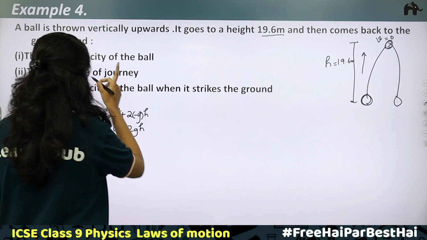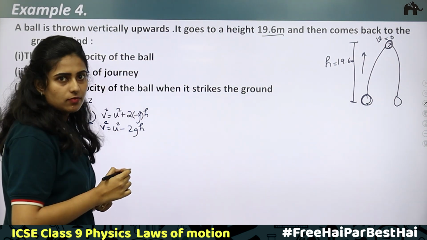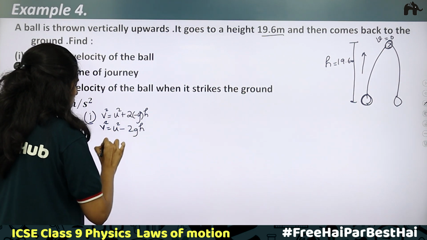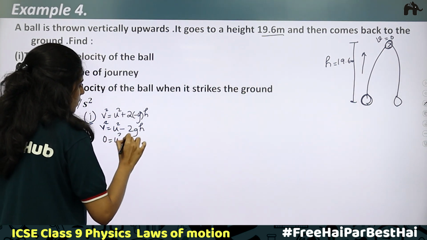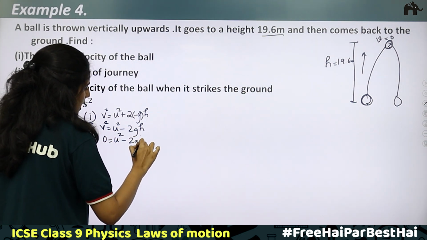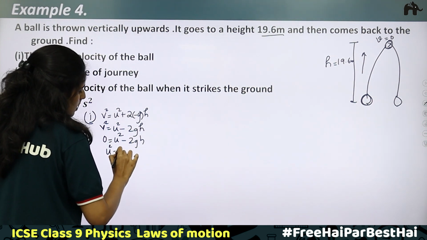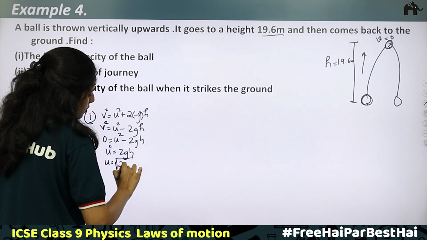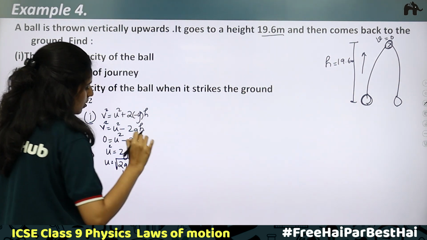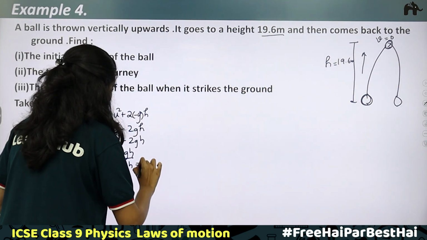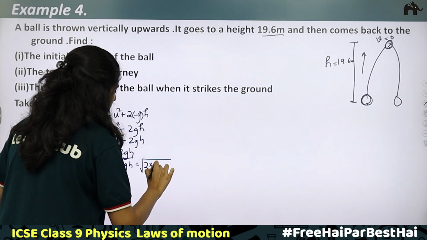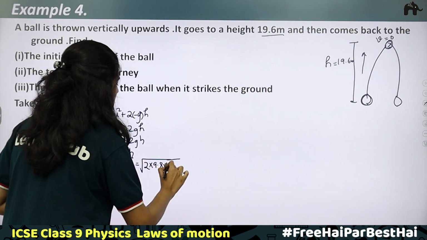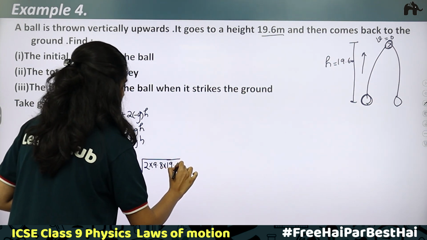We are asked to find the initial velocity. What is v square? v will become equal to 0. 0 is equal to u square minus 2gh. u square is equal to 2gh, or u is equal to root of 2gh, which is equal to root of 2 into 9.8 into height. What is the height? Height is 19.6.